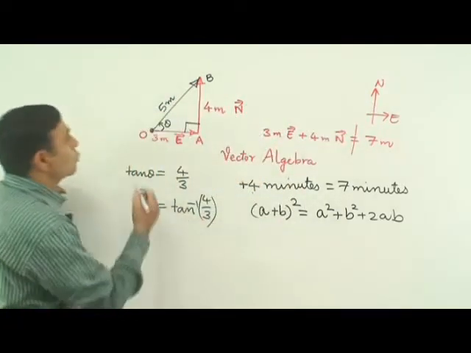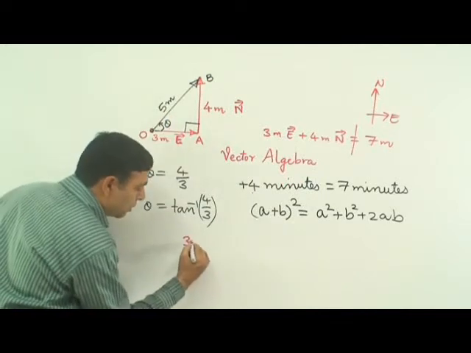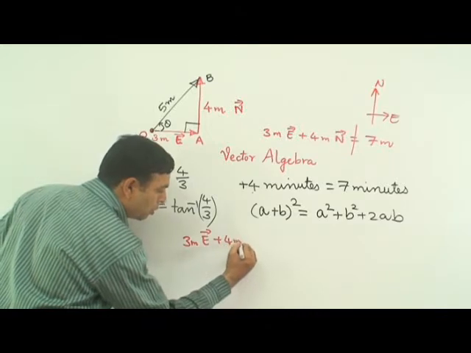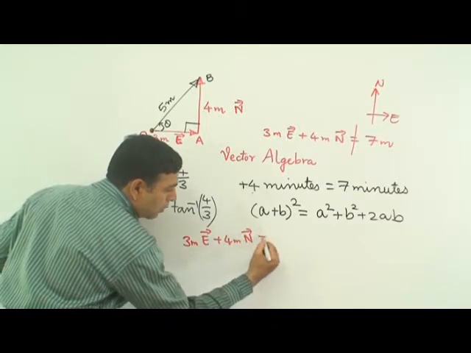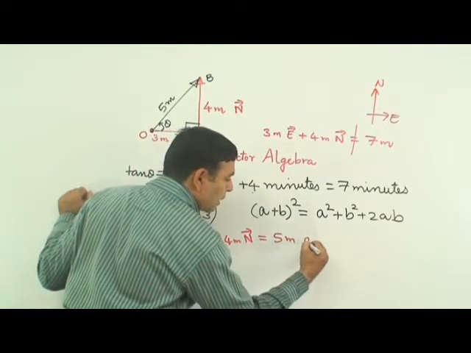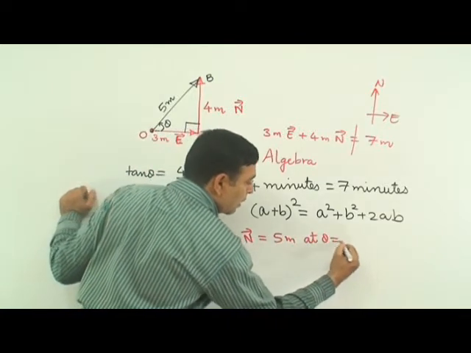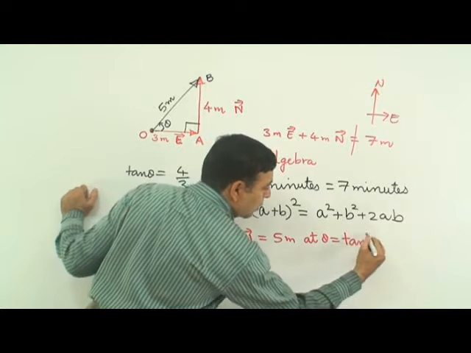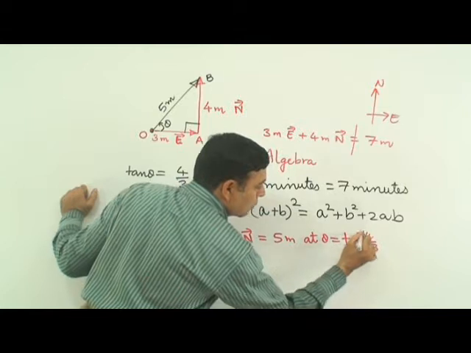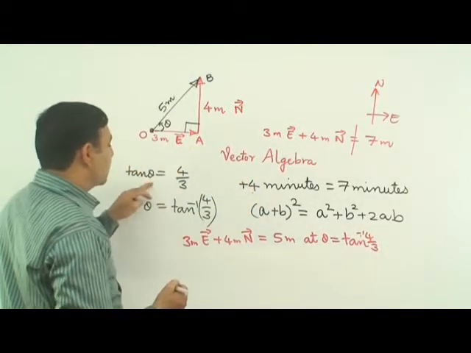So how do you write it? 3 meter east plus 4 meter north is equal to 5 meter at an angle theta equal to tan inverse 4 by 3. You see, tan theta is 4 by 3 means theta is tan inverse 4 by 3.